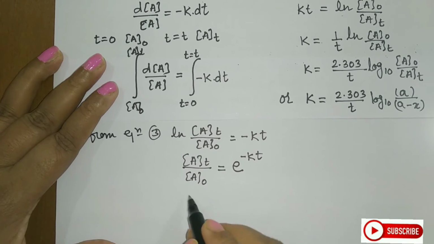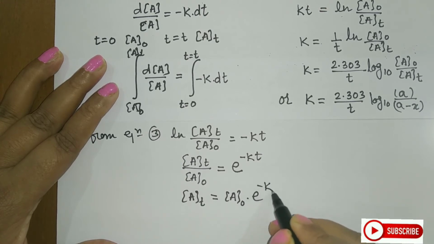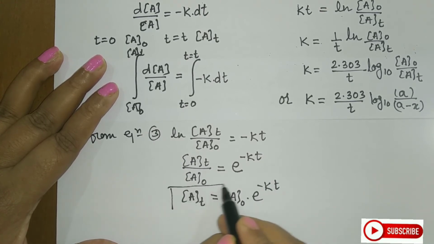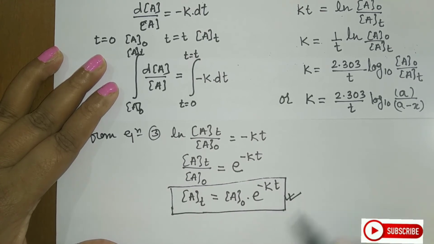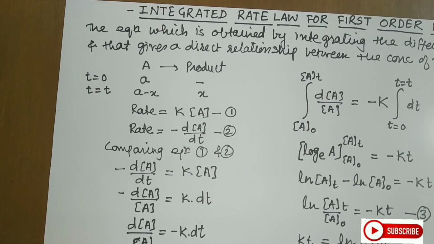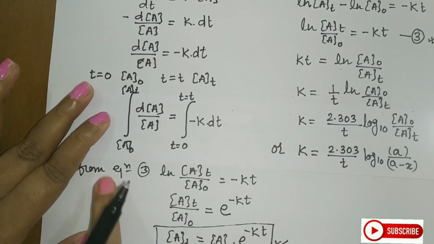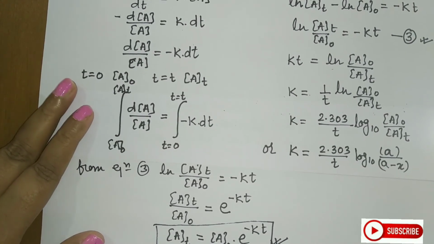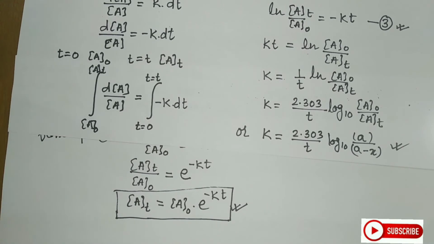Let us write this now again. So it is At is equal to A0 e raised to minus kt. So this is the exponential form for the integrated rate law of first order reaction. So if they ask for the integrated rate law in the exponential form, you will do the derivation right from the beginning. You will reach up to equation 3, and from 3 you have to come to this particular equation. Otherwise, this is the normal derivation for the equation of first order reaction.